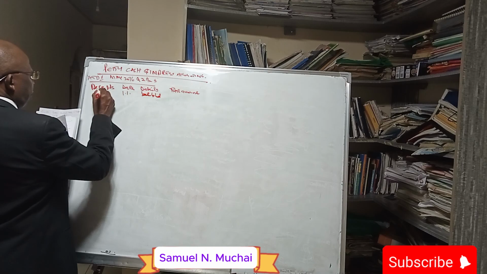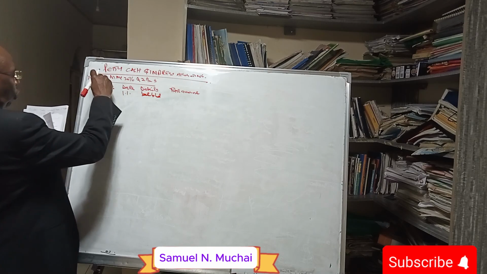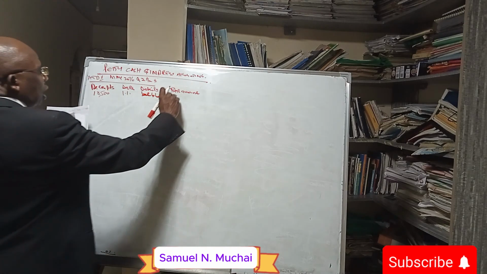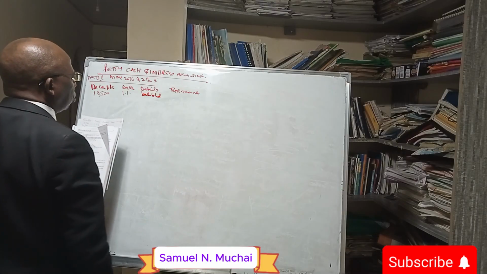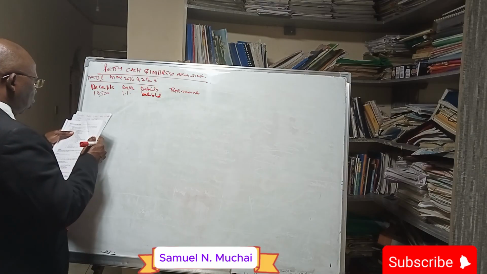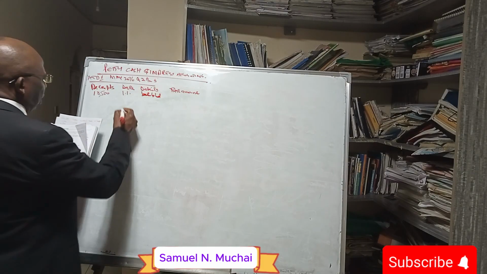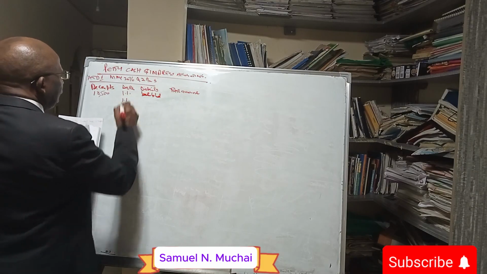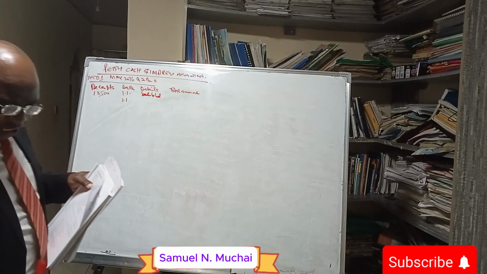On this side we record all the money we are receiving, and on this side the total amount we are paying. And we are told on 1st we withdrew cash from the bank to restore the imprest, which is supposed to be 80,000.